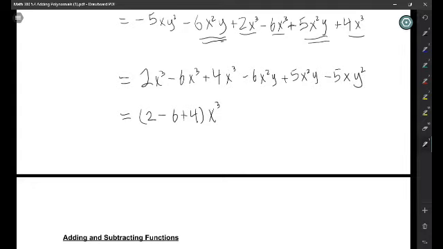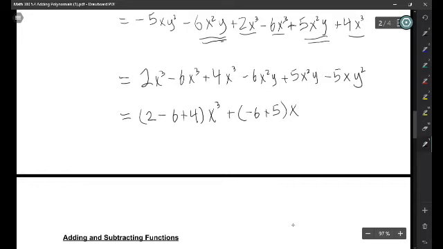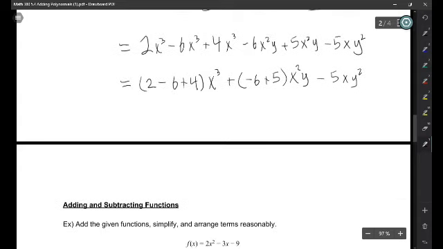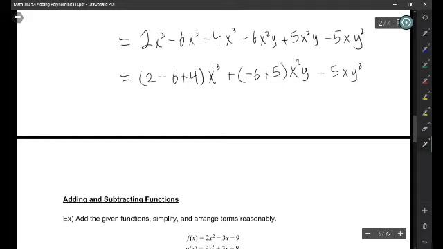And here we would have plus, since this is negative 6 and this is positive 5, so plus 5. And then whatever the variable factors are. And then this term has no other like terms. Then do the arithmetic.